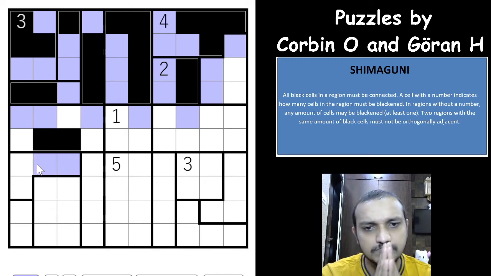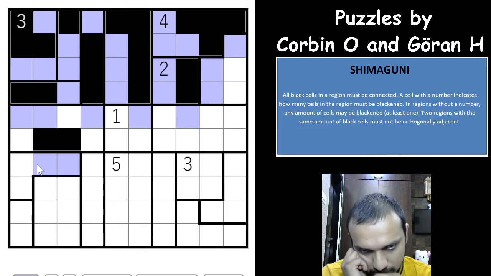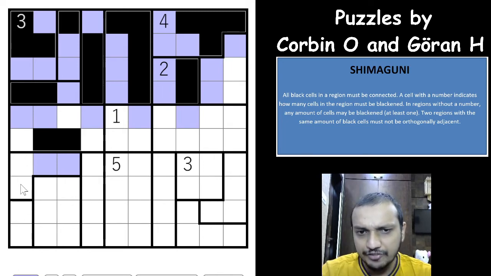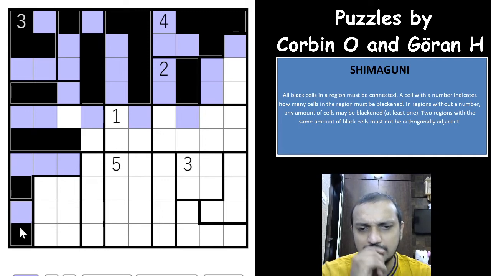Okay, now if you see these 2 regions, one would have to be 1 cell shaded, another will have to be 2 cells shaded, right? If I shade this cell, both the regions will have 1 cell shaded, right? 1 cell only shaded, right?